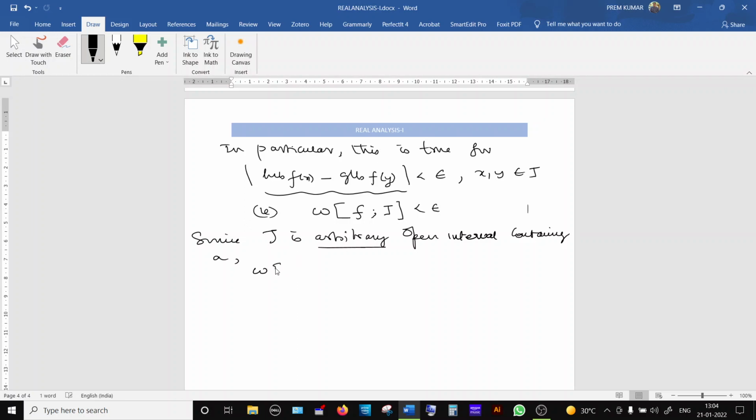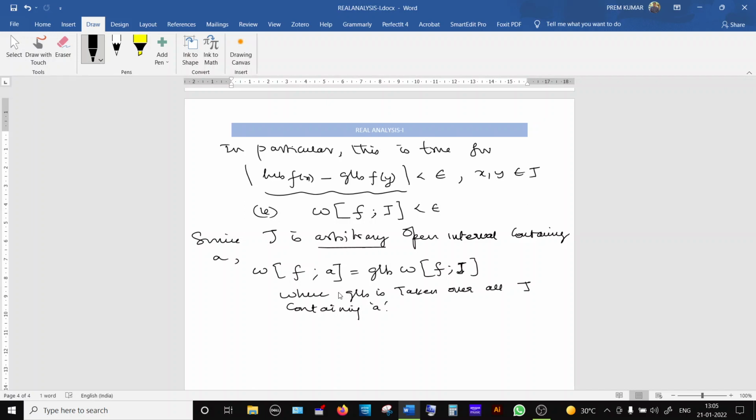Therefore, what is the oscillation of f with respect to a? That is nothing but you have to take the GLB of all the oscillations of f over J, where J should contain that element a, where the GLB is taken over all J containing element a.